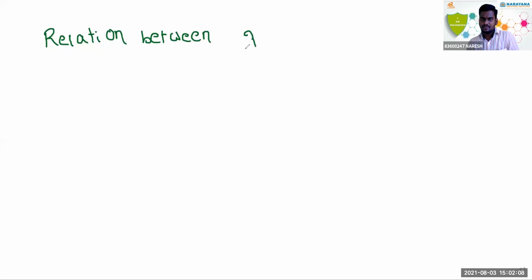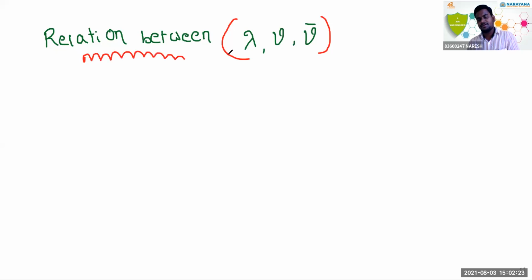What is the relation between wavelength, frequency and wave number? Can anybody tell me?